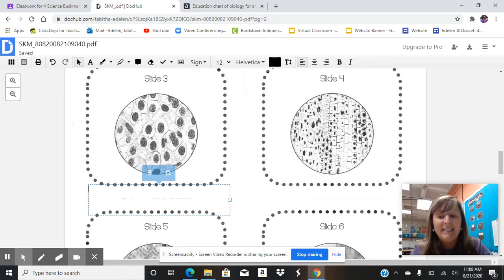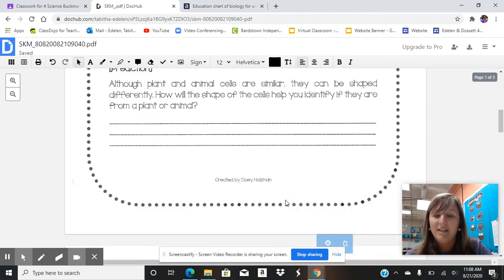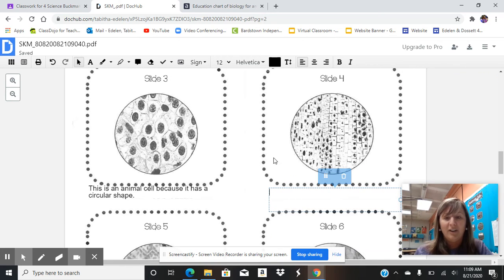So that means this is an animal cell. So this is an animal cell because it has a circular shape. Now you're going to provide more evidence with a plant cell because you're going to say it has a cell wall.